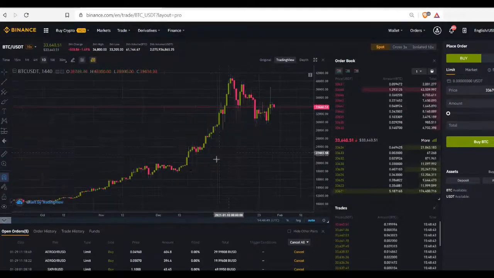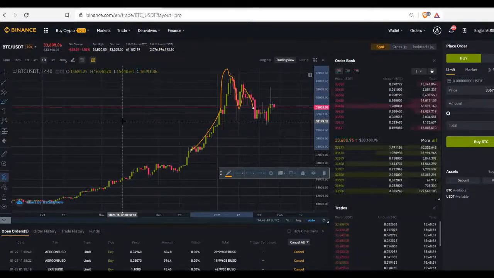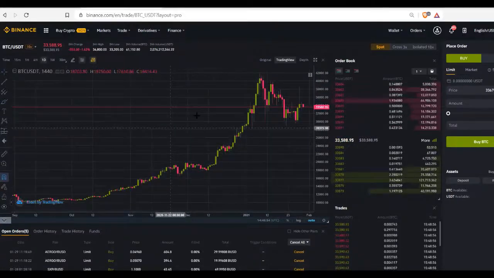Sometimes you can just take your phone and do some drawing on it too. But if you really want to do technical analysis, you have to do it on a laptop or desktop. So we are saying exchanges have candlestick charts, and it's a very important aspect of an exchange.